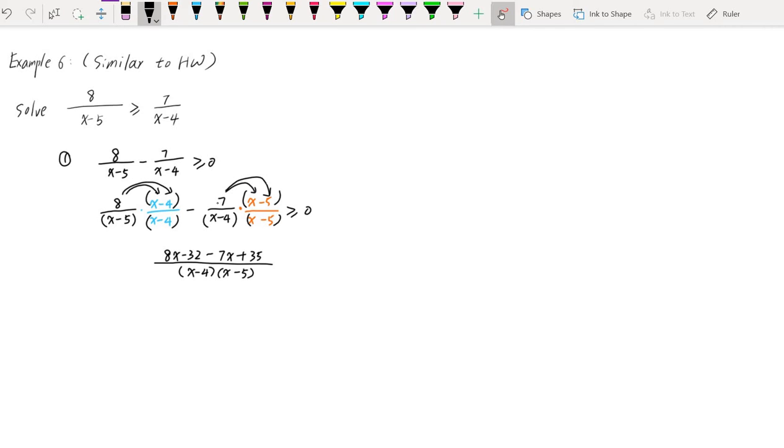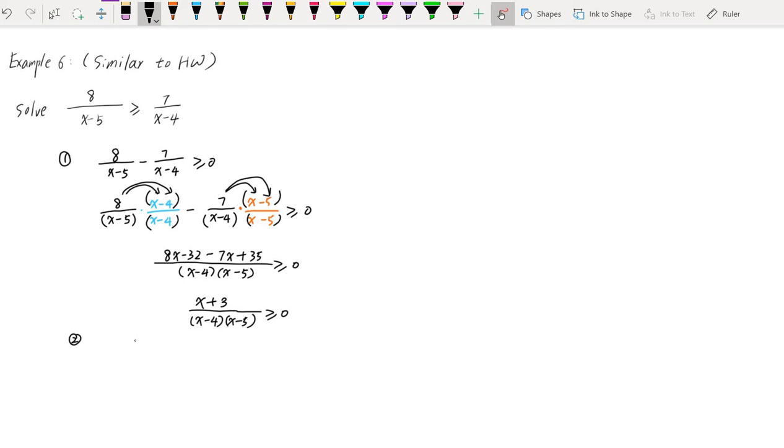Again, if you don't want to do this, you can always do it step by step. Greater or equal than 0. Once we have this, that will be x, because 8x minus 7x is x. 35 minus 32 is 3, over x minus 4 times x minus 5, and this whole thing greater or equal than 0. So that is our step 1, so we finished step 1.